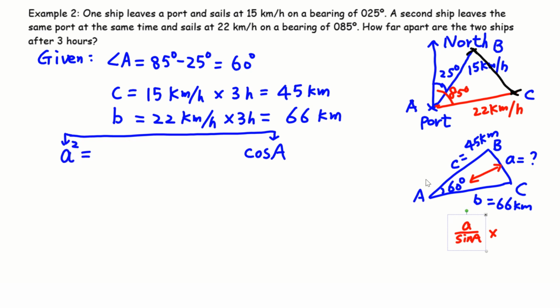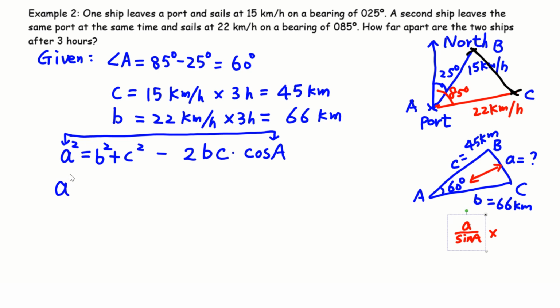a squared equals the other two sides squared, added together, then minus double the other two sides times together, then times cosine A. Then we are going to substitute the given information.